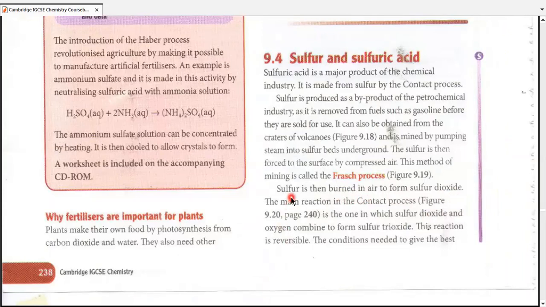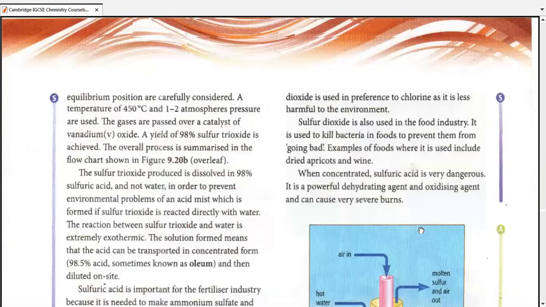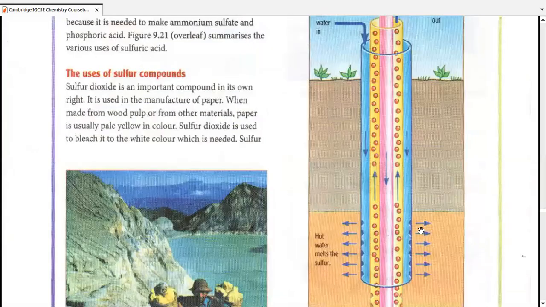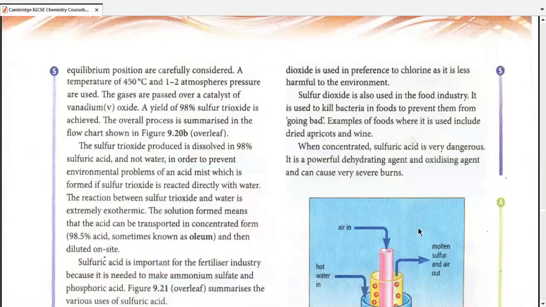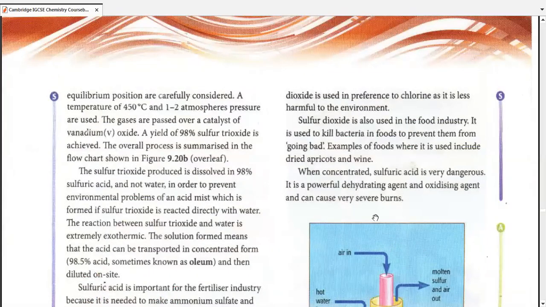We know the formula for sulfur is S. For air, the oxygen reacts, and the formula for oxygen is O2, and it forms sulfur dioxide, the formula for which is SO2. See? So these formulas and these equations are not written over here because they're all present on page number 240. We'll study them later.